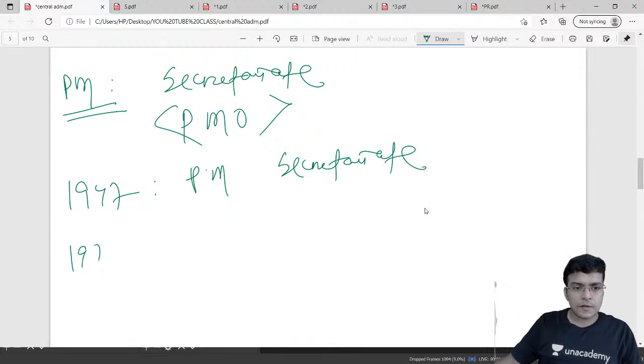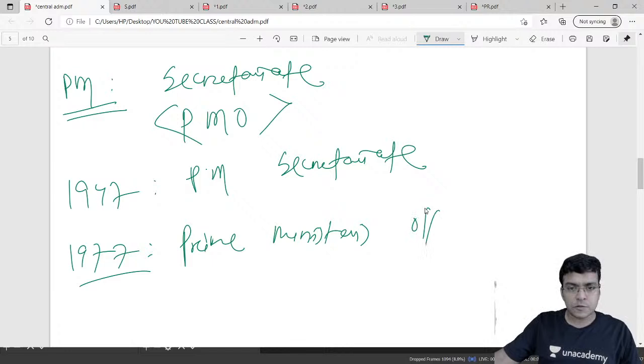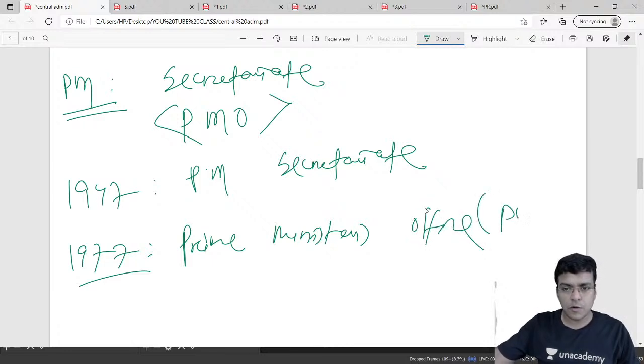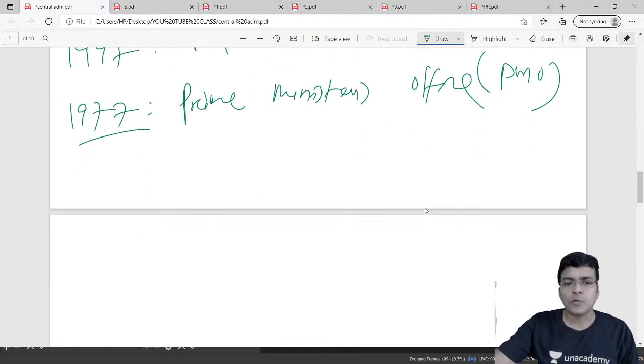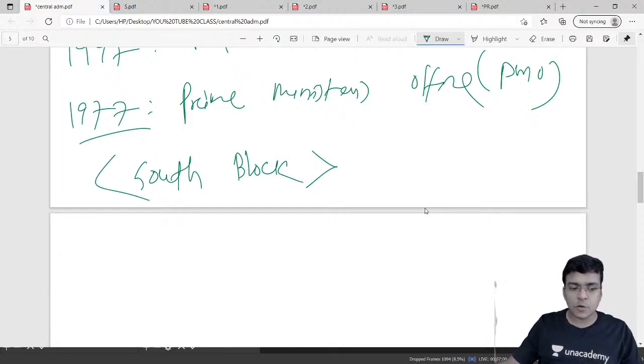But in 1977 its name was changed and it became Prime Minister's Office, or PMO, which is found in South Block.